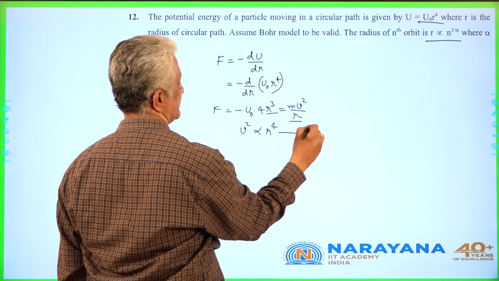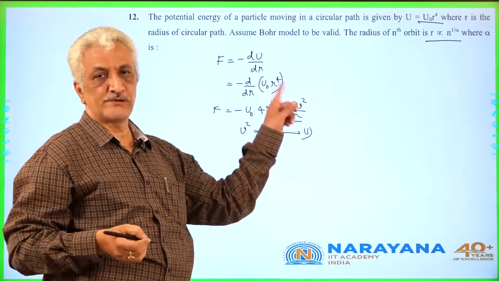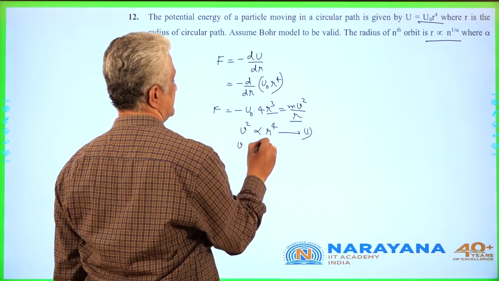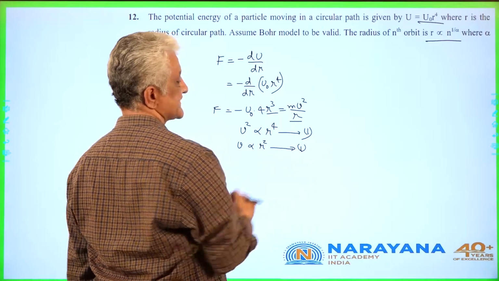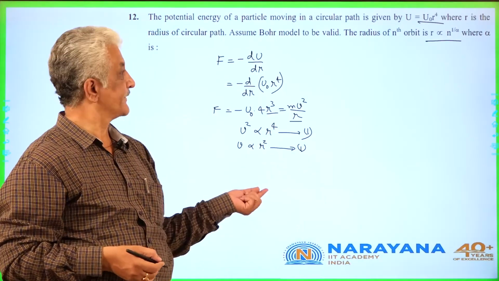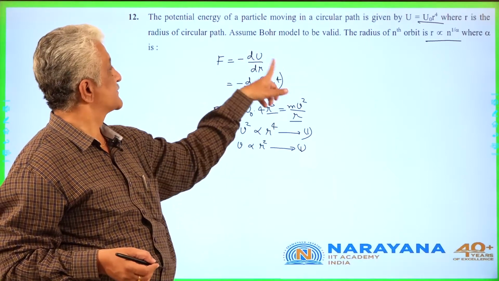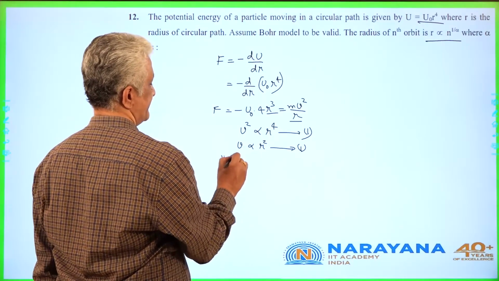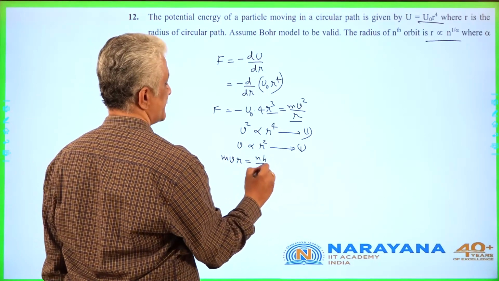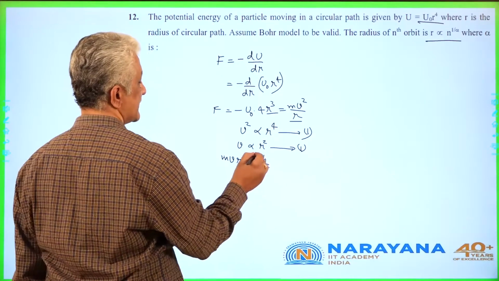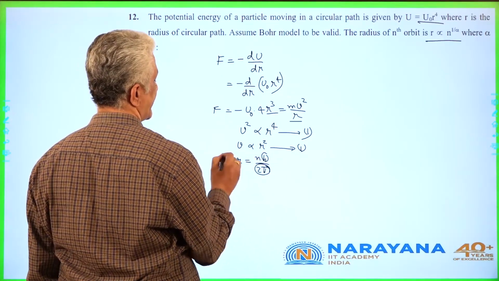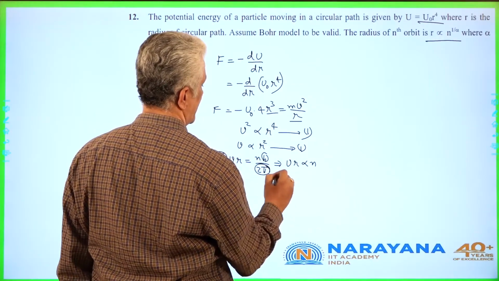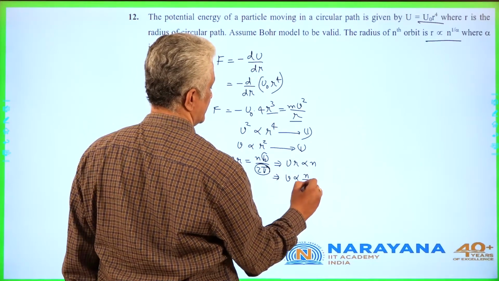Call this equation 1. From the equation of force, we get the equation for velocity square, which is r power 4, or v proportional to r square. Next, when the electron revolves, Bohr's model is valid here. When the electron revolves around the nucleus, angular momentum, that is mvr, remains constant, which is nh by 2 pi. Again, if we remove all the constants like h, 2 pi and m, then vr is proportional to n, or v proportional to n by r.